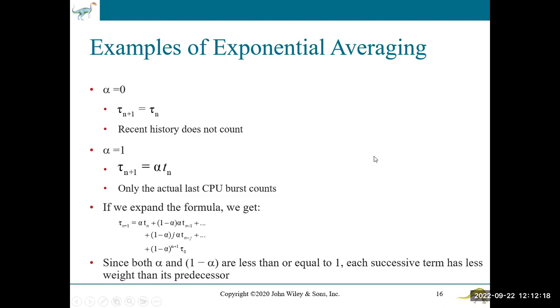So what you see here are examples of exponential averaging. Again, this has to do with CPU burst prediction. It's just useful to understand that this is a performance enhancement capacity of interest.